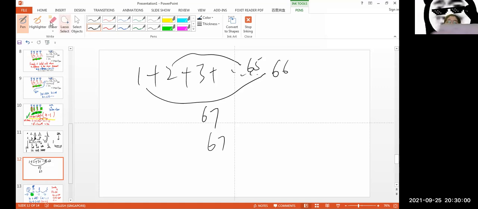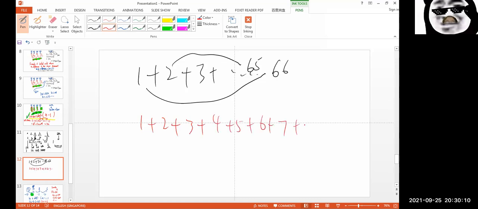Or another way to do this question is this. You will see the pattern pretty soon. Let me quickly show you one more time.